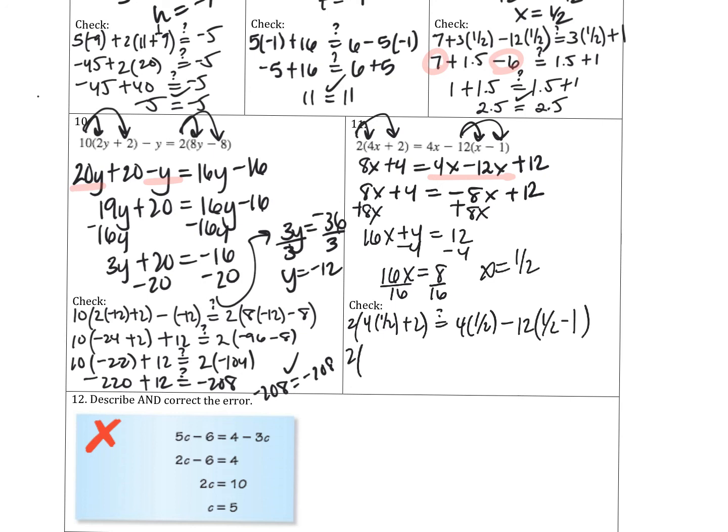Okay, this 2 times 4 times 1/2 is 2, plus 2, is equal to 4 times 1/2 is 2, minus 12 times 1/2 minus 1, which is a negative 1/2. 2 times 2 plus 2 is 4, is equal to 2 minus 12 times a negative 1/2, which is actually a positive 6. 2 times 4 is 8, and 2 plus 6 is 8. So that's correct.